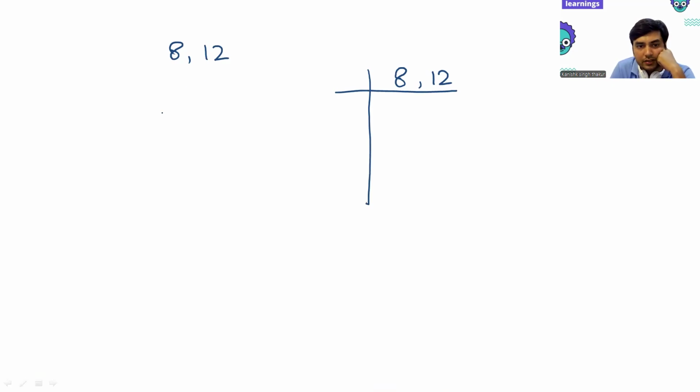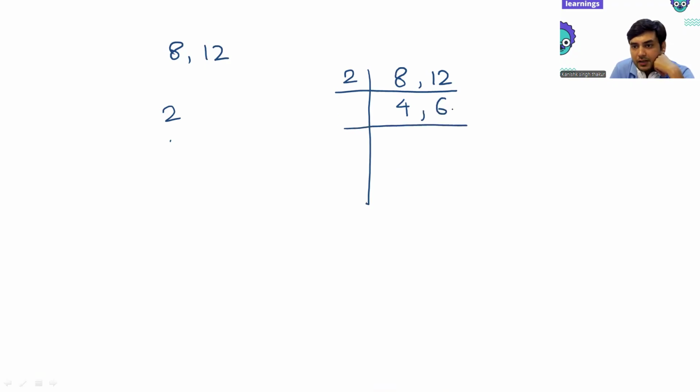You start with the lowest number, which is 2, then keep on increasing to 3, and your whole purpose is to get 1. I start with 2: 2 times 4 gives me 8, and 2 times 6 gives me 12.